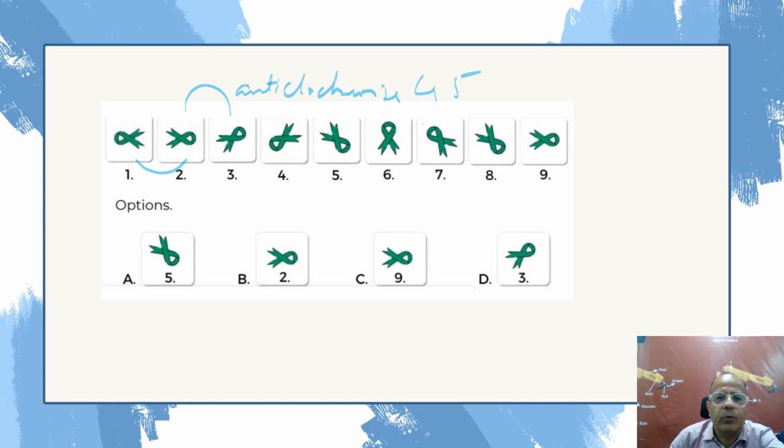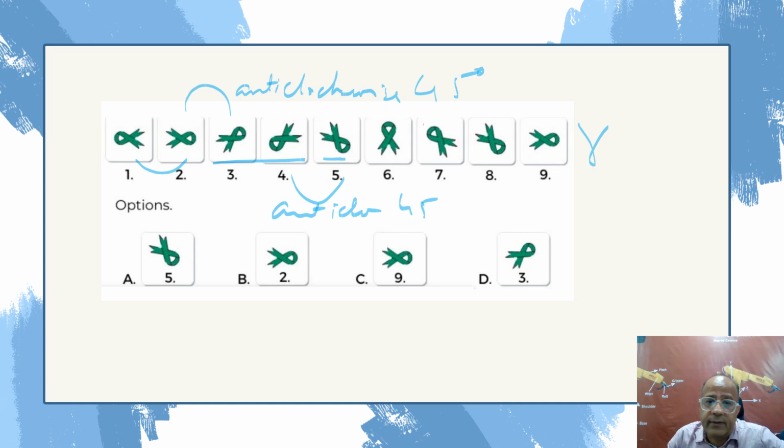So after a pair of two, there is a transition of 45 degrees anti-clockwise, and then there is a pair. Now if this has to be continued, then this should again be an anti-clockwise 45. Anti-clockwise 45 would have made, after this, it should have been like this, which is not over here. So this is not following the pattern.